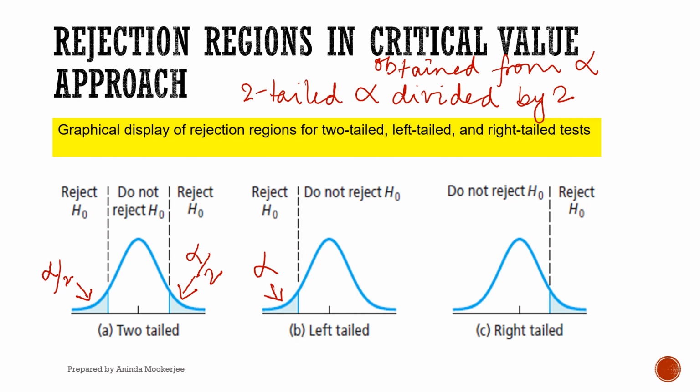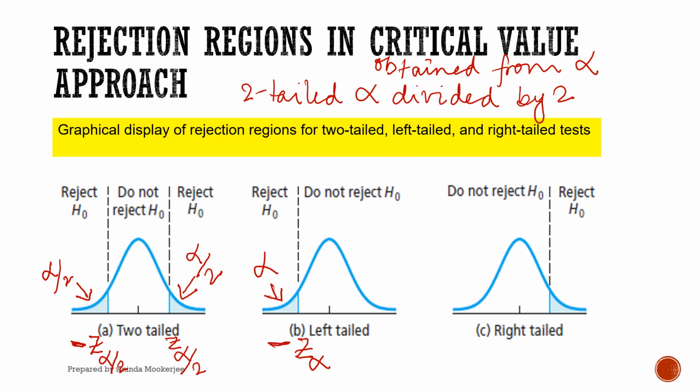So here for the two-tailed test, we are going to have two critical values. One is going to be negative z of alpha by 2. On the right-hand side, it's going to be positive z of alpha by 2. For a left-tailed test, it's going to be negative z of alpha, not alpha by 2.